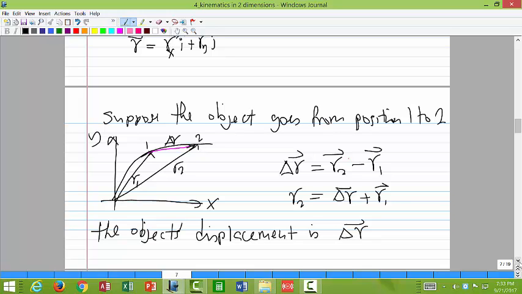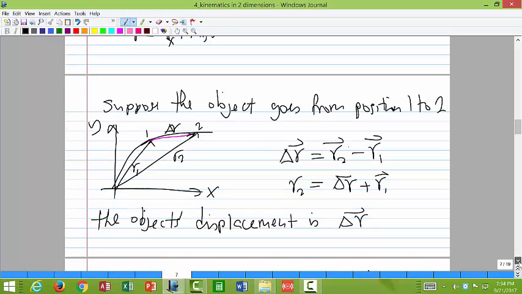So now look at this xy plane that I've drawn. The trajectory of the object in the xy plane is shown where it goes from position 1 to position 2, and I've drawn a position vector to position 1, which is r1, and a position vector to point 2, which is r2. And so the displacement delta r is just r2 minus r1, or we can say r2 is just r1 plus a certain displacement delta r.